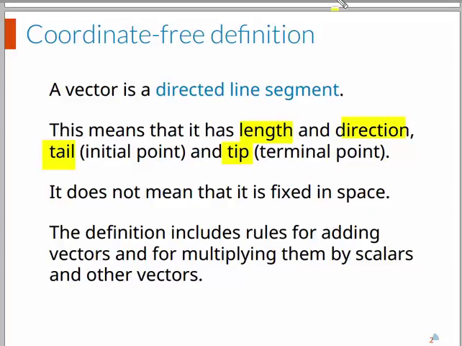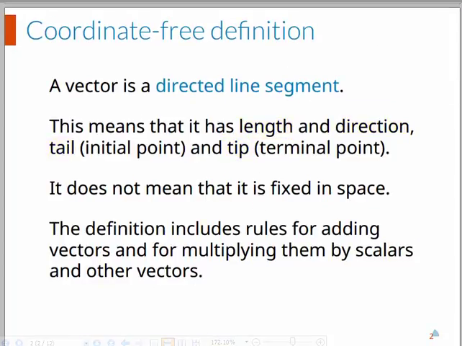What it doesn't mean is that it is fixed in space. The vector is not located in space. If it is moved around in space, as long as it keeps its same length and its same direction, it maintains its identity, no matter where it is.